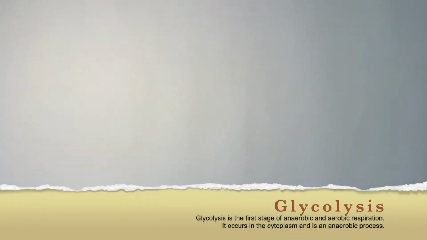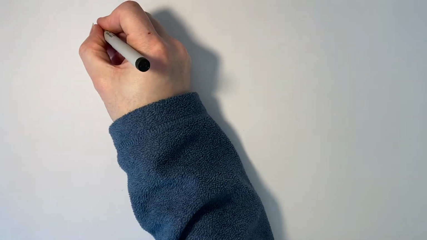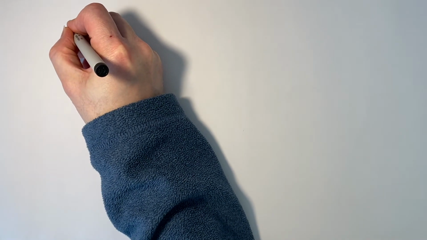The first process we're going to look at in a bit more detail is glycolysis. You need to know some of the molecules that are involved. You don't need to know any of the structures of these molecules, apart from the starting molecule, which of course is glucose or hexose. So we start off in the cytoplasm with hexose.